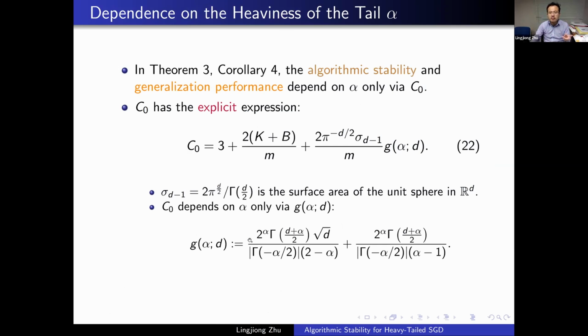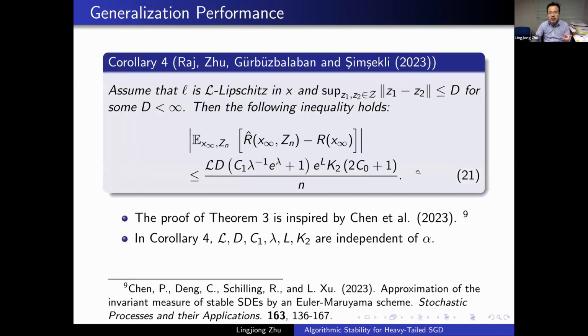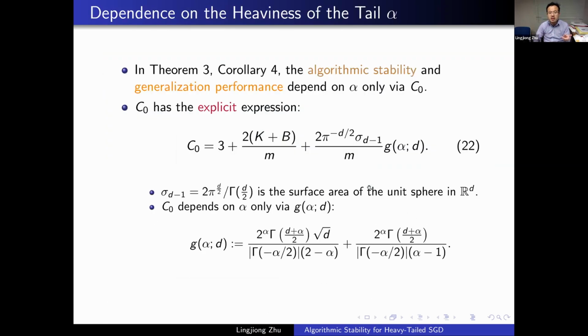You can write the C0 term according to equation 22. We spelled out the C0 term explicitly in our proof, and we find that it has a singular dependence on alpha. When alpha approaches 1 or 2, the denominator here can blow up, so this dependence on alpha is not negligible.